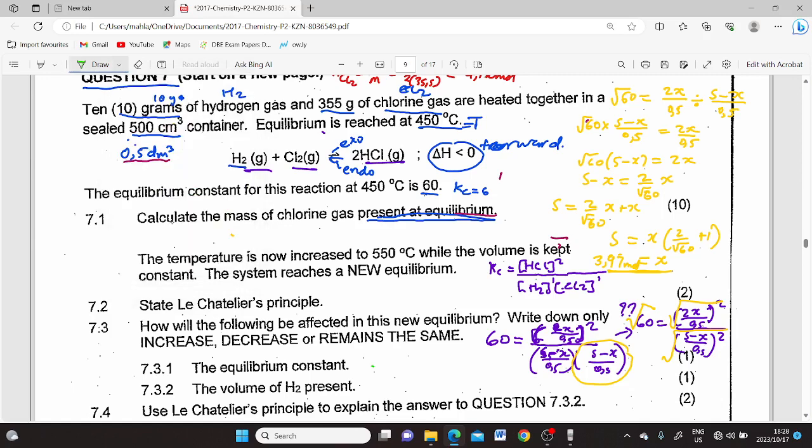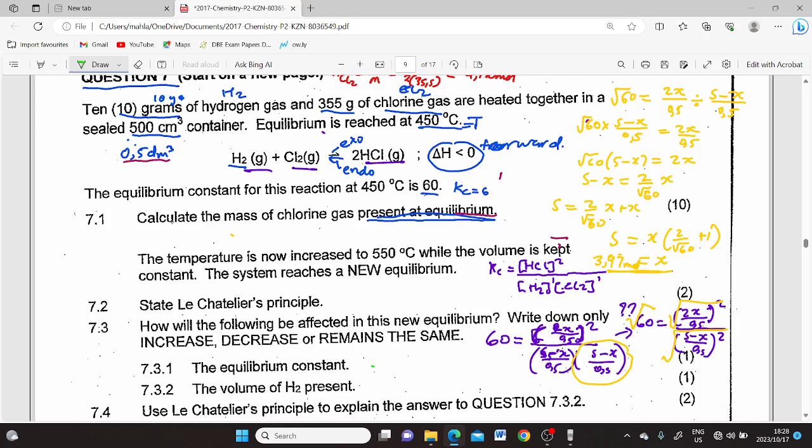Now it means, for us to get the mass, we can get the number of moles at equilibrium. So what is it?